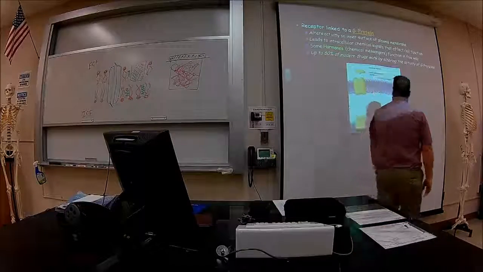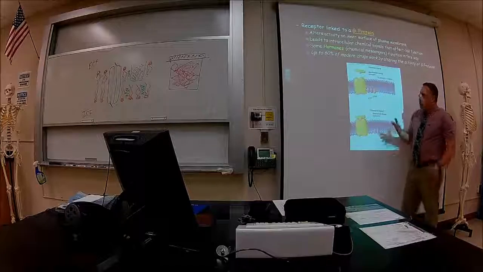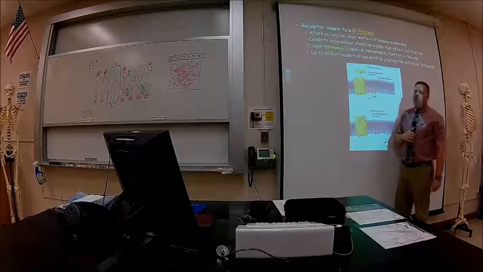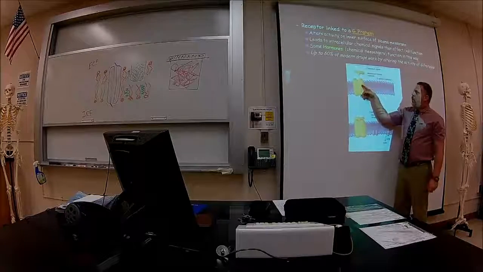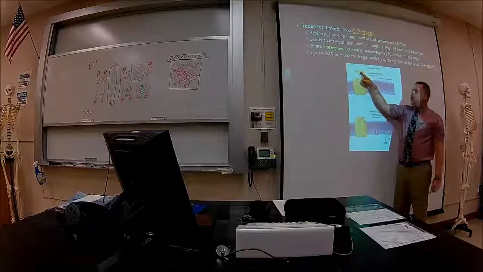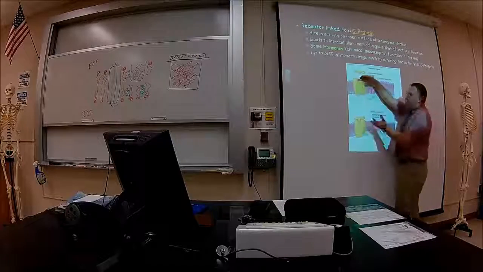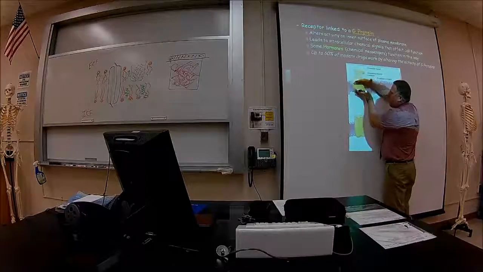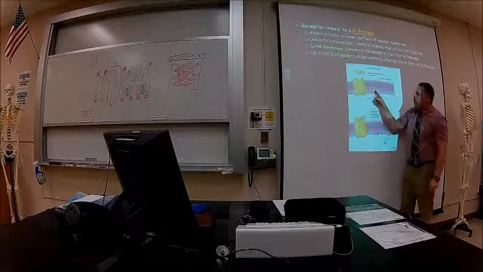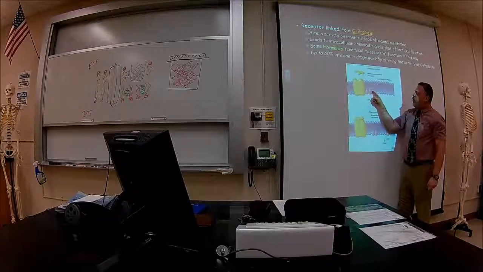This is a little bit more complicated, but what is basically happening here is what we call a G protein. This is the G protein. If whatever chemical this is fits perfectly in here, it kind of changes shape. And there's another molecule here, I'm sorry, this is the G protein.